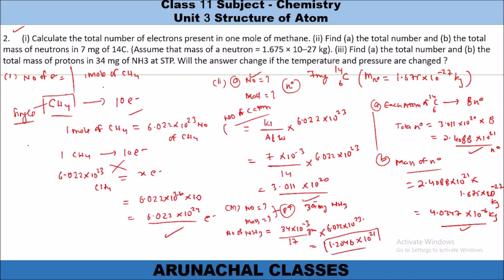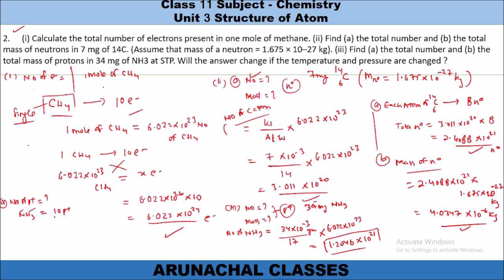We are lacking space on this page, so I am solving this part here. Let it be A part. We need to find out the total number of protons. We have got how many ammonia molecules are there. Each molecule of ammonia contains 10 protons, 7 protons from nitrogen and 3 protons from hydrogen.